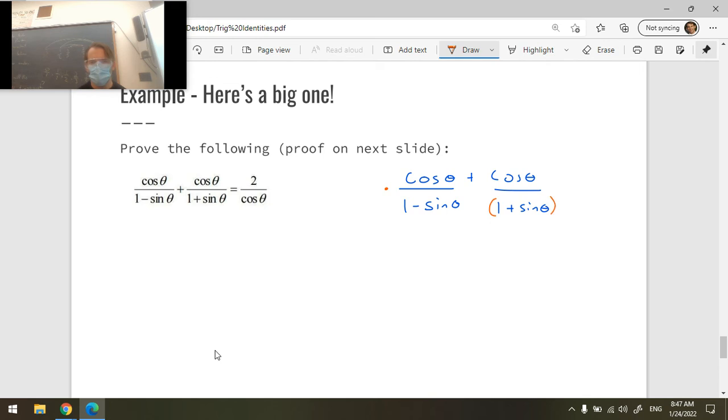We can put these things in brackets to make sure that we don't make mistakes. And we're going to multiply this one by 1 plus sine theta, top and bottom. Okay. And we're going to multiply this one by 1 minus sine theta, top and bottom. That's going to be what we need to do to create a common denominator. Put them in brackets in both spots.